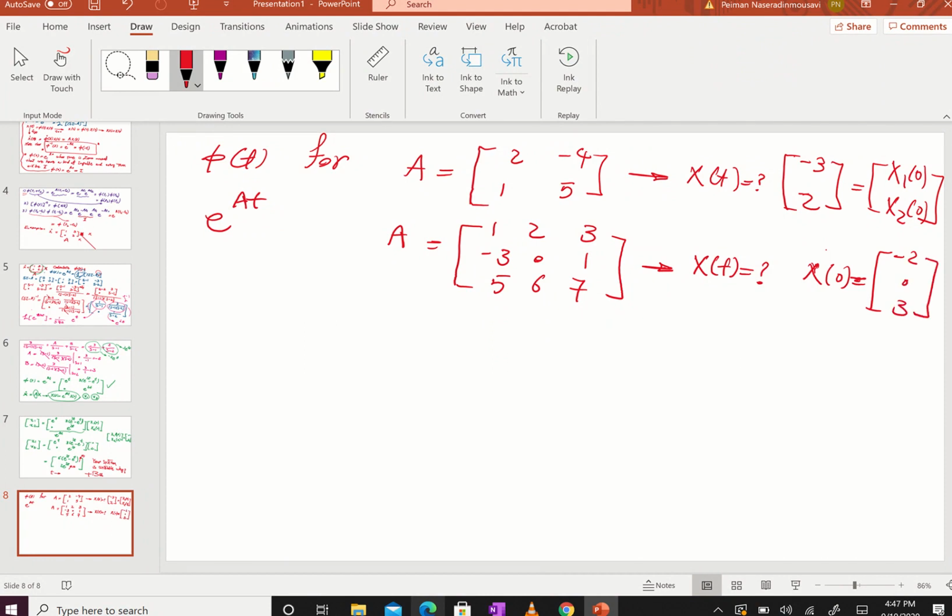Find the solution for this LTI homogeneous equation. Okay, understand?